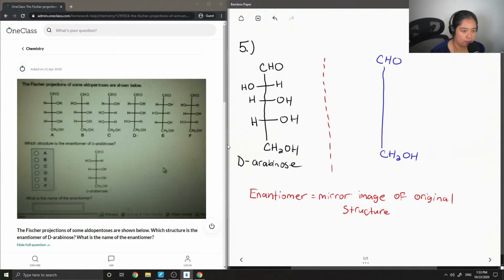But now I'm going to write these in their mirror form. So now the first alcohol is on the right. The second alcohol is on the left. And then the last alcohol is also on the left. And then the name of this enantiomer is L-arabinose.